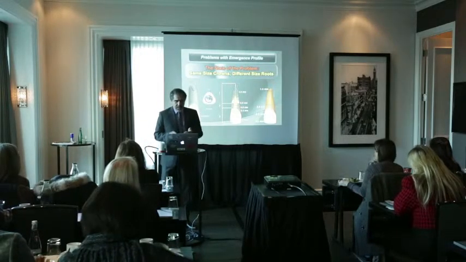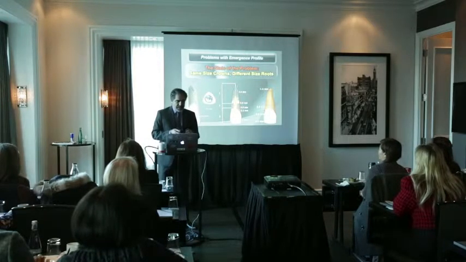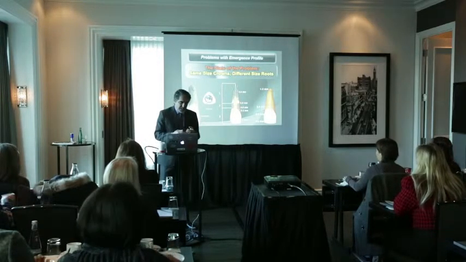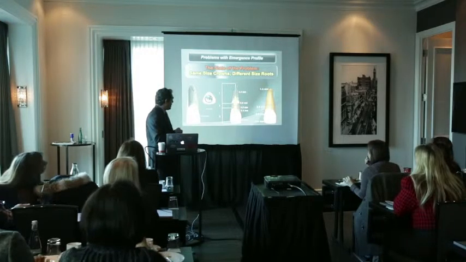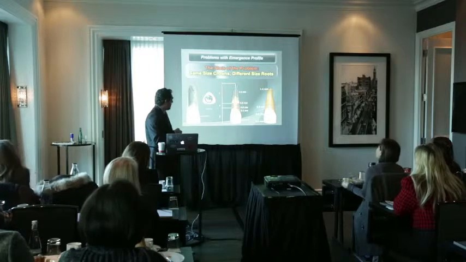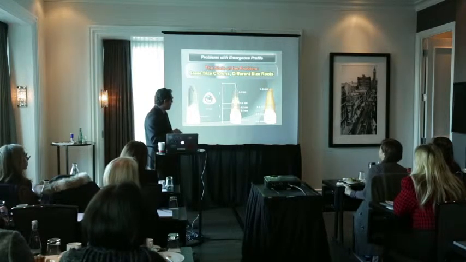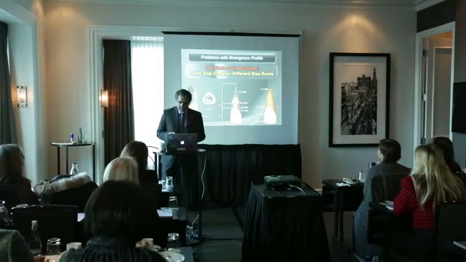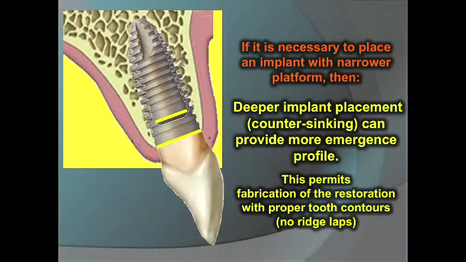So in this picture, you can compare the two, and you can see that at the platform there is a difference. You have this size of implant, however, the size of the tooth is different, and it's larger, and this causes some problems. Now, let's see what are the rules and principles when it comes to the emergence profile.